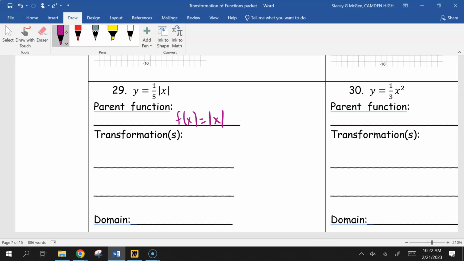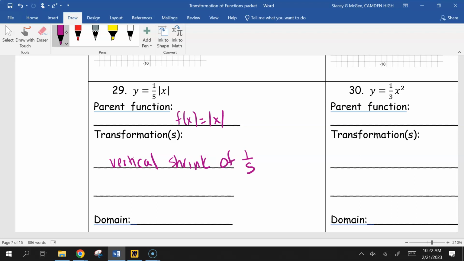Let's identify them first. It's outside, so it's vertical. Is it a shrink or a stretch? Shrink of 1/5. Y'all all okay there? Okay.